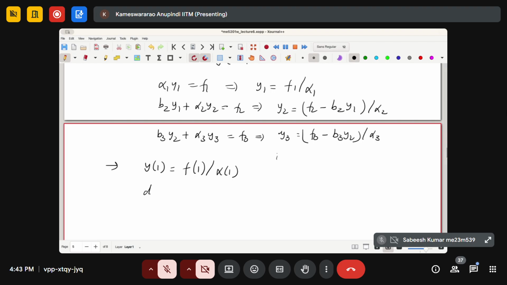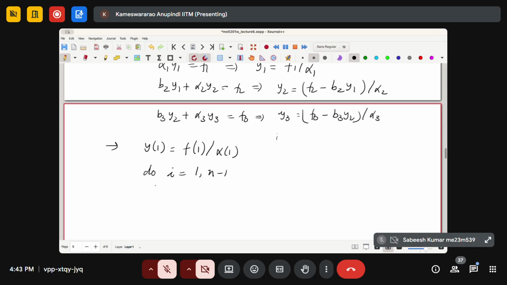Then we have do I equals 2 to n, and then we write y of I equals f of I minus beta of I times y of I minus 1, divided by alpha I. Okay, that's what we have.